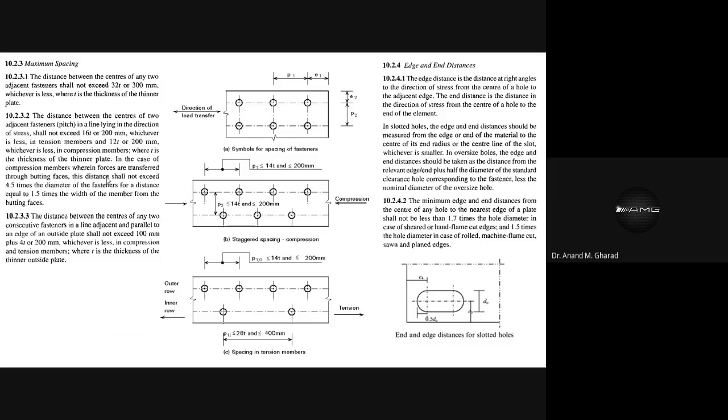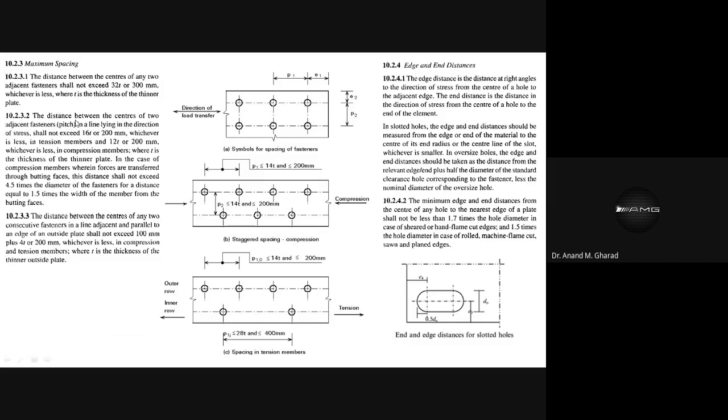Some may have a larger thickness and some a smaller thickness. So we consider the spacing to be 32 times t or 300 mm, whichever is less. This t is nothing but the thinner plate thickness, right?